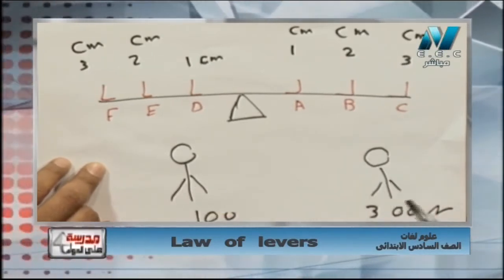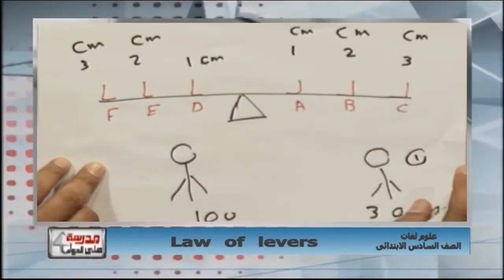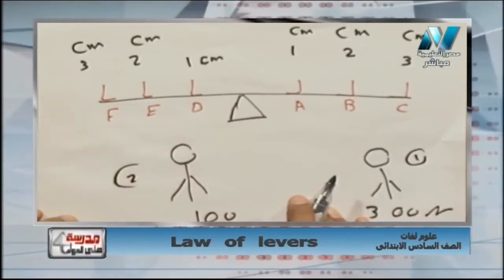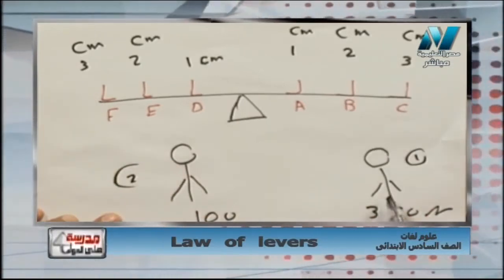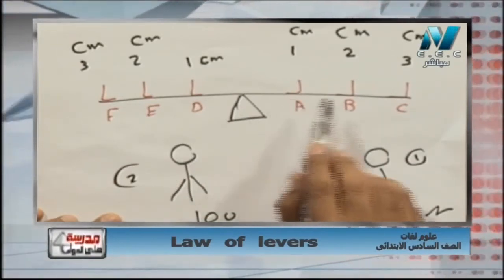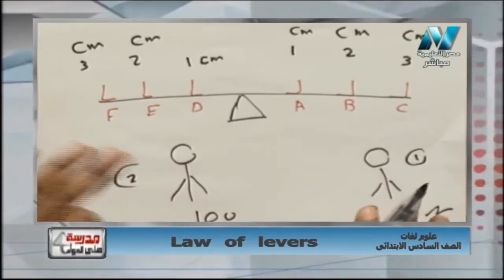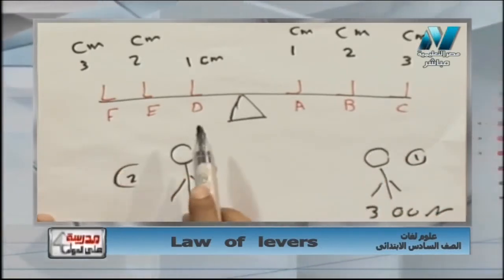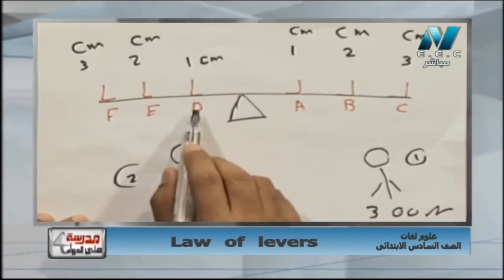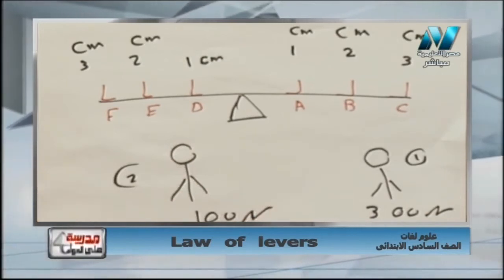Object number 1 is on the right, and number 2 is on the left. I can put number 1 with 300 Newton in seat A, B, or C. And to be balanced, I must put the second one with 100 Newton on D or E or F. Can you imagine, my dear student?